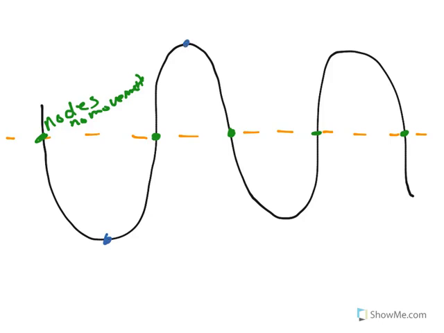Antinodes are at the maximum places of movement. So an antinode is where the maximum movement is.